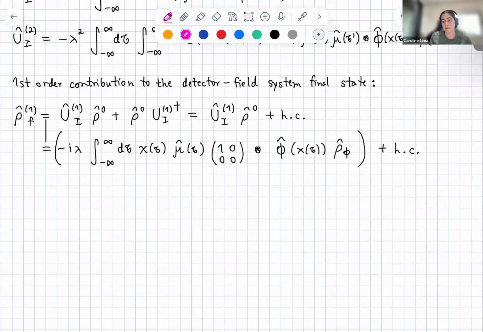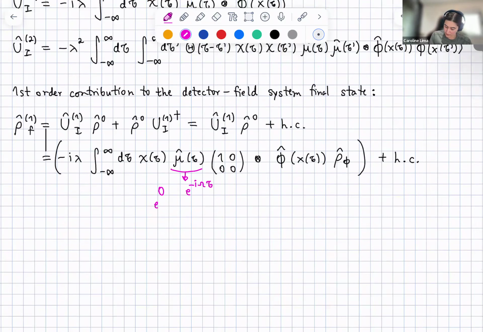Now, if I write this mu of tau in the same basis, so I can just write this matrix, what I'm going to see is that this is written as 0, e to the minus i omega tau, and then e to the i omega tau, and 0. That is how I write mu of tau.